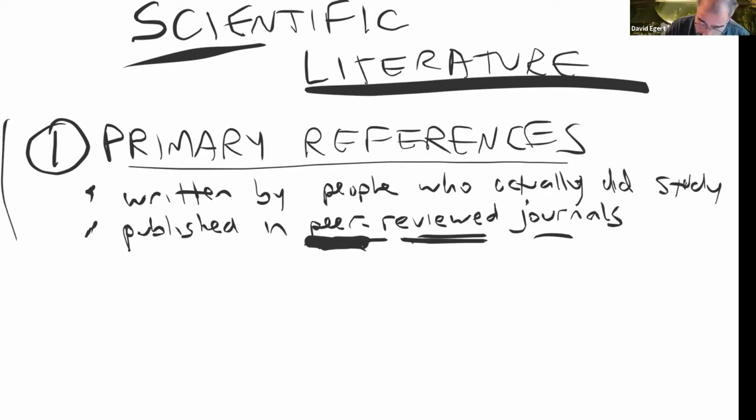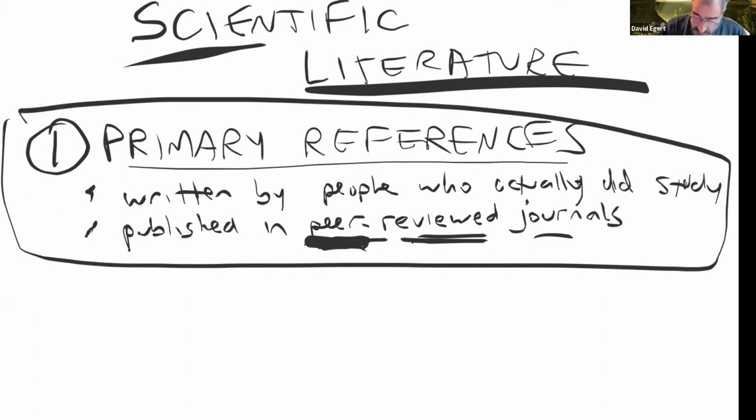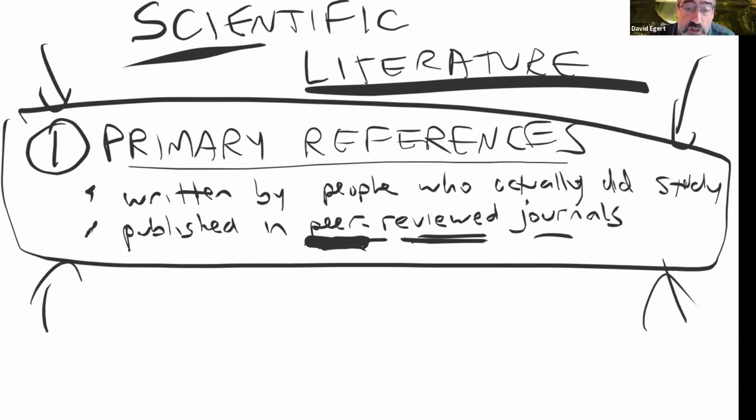So that's primary references. These are the most trustworthy in general, because they are coming from the actual people who did it. You're not getting a game of telephone where I think this person meant to say this, and I'm telling you what this other person is actually saying.